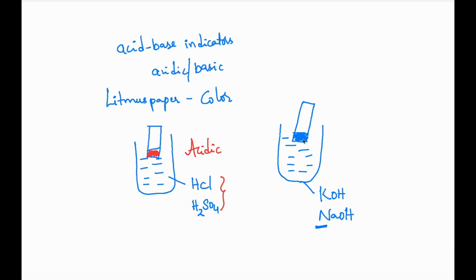So a red litmus paper will turn blue if the solution is basic in nature. So acid-base indicators help us to determine if a given solution is acidic or basic in nature.